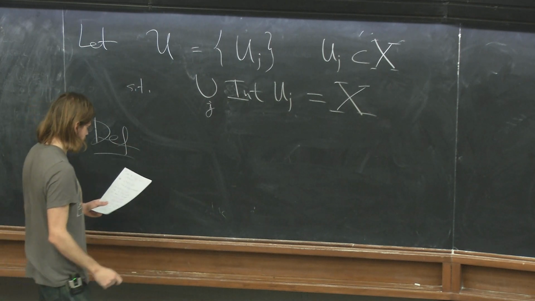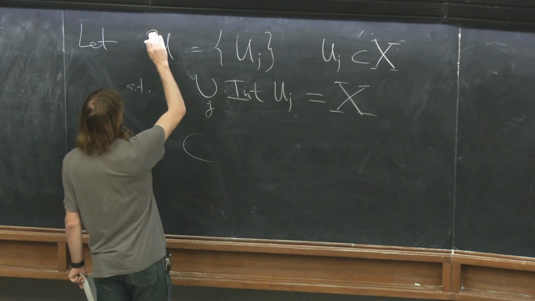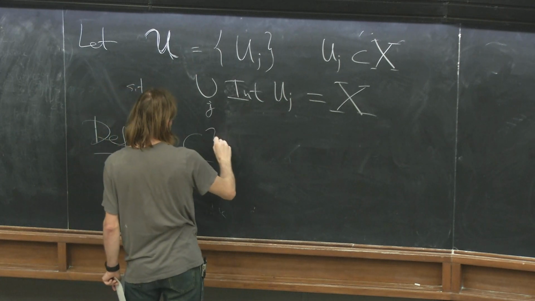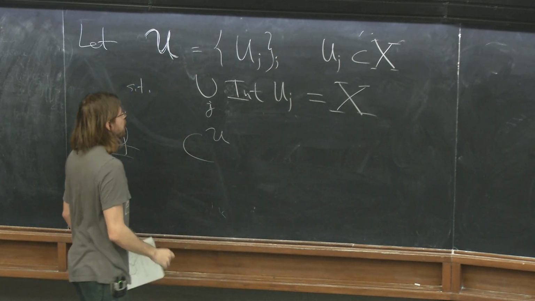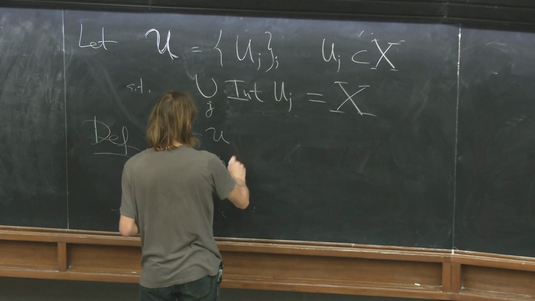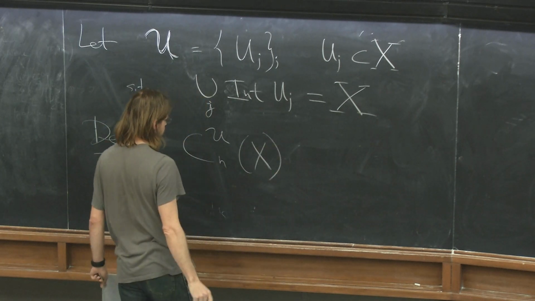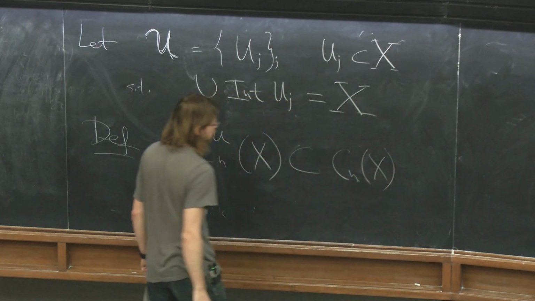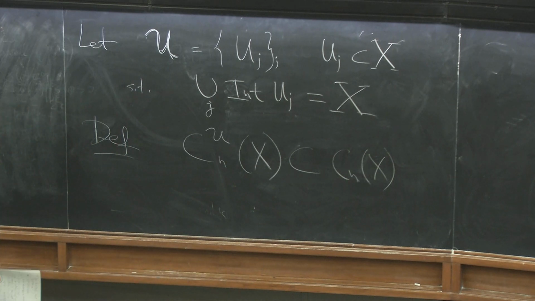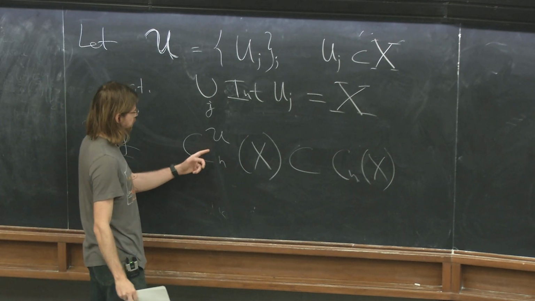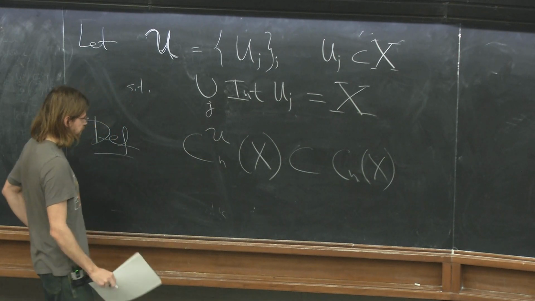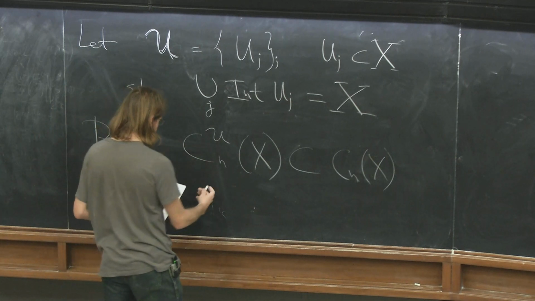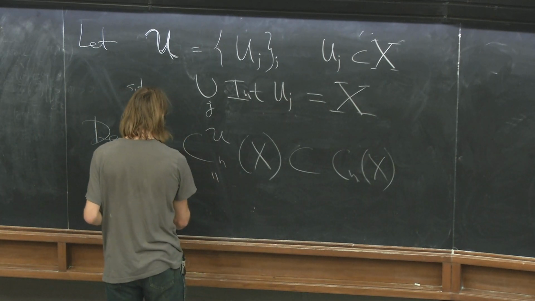And then for this collection curly U, we can consider a certain subgroup in the group of singular chains in X, which will be denoted by Cn of U, because it depends on this choice of family of subspaces. So how is this defined? This is defined as follows.